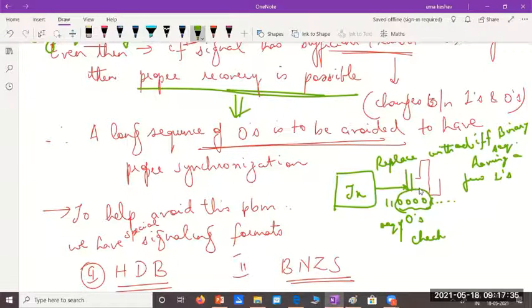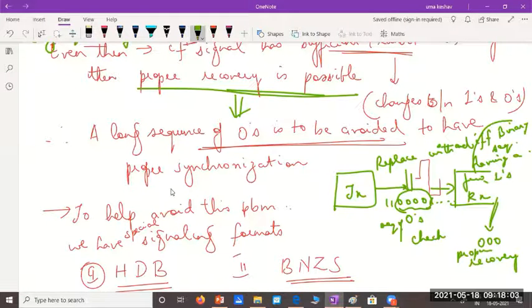So I will replace this long sequence of zeros with another binary sequence having a few ones. Then I will transmit it, and at the receiver I will search for this binary sequence. If that binary sequence is seen, it is again replaced with zeros to recover back the original message. Okay, that's all we are trying to do.